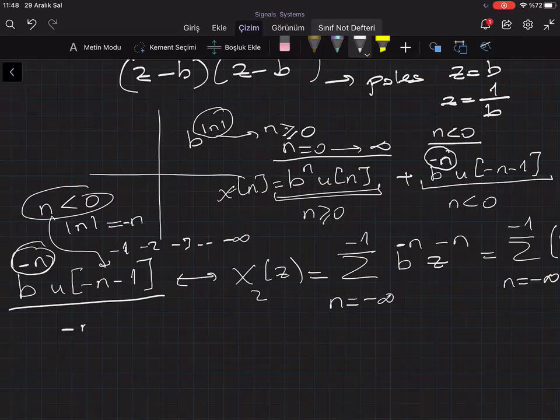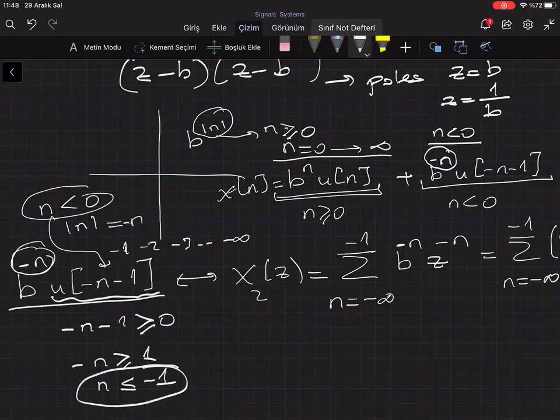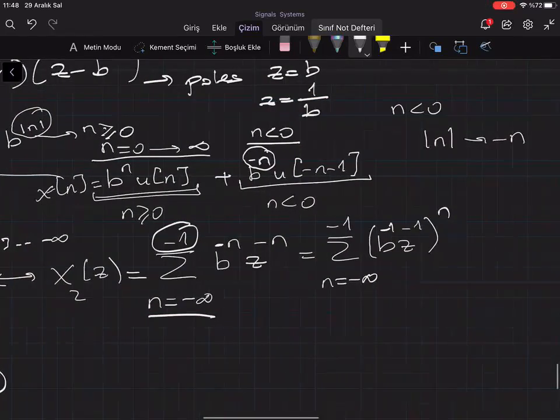How did I find this? This is the definition of the step function: u of minus n minus 1 requires n to be less than or equal to minus 1. That's why I have minus 1, minus 2, up to minus infinity.